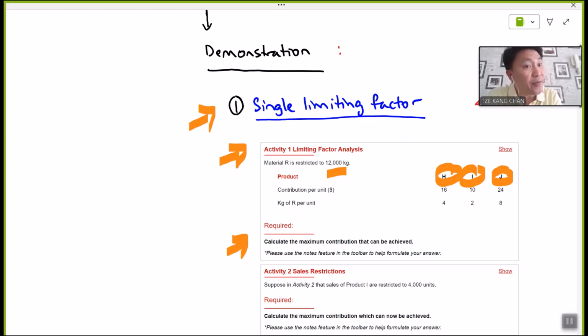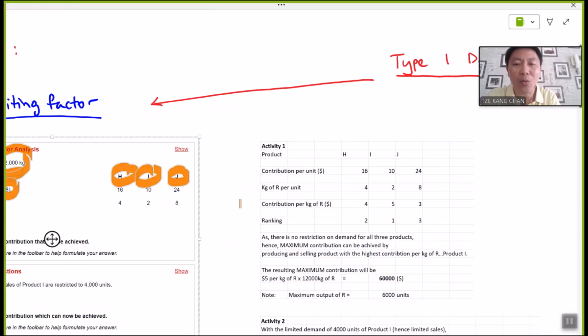So with this information provided, we will also be given contributions per unit for these products and consumption of material R. To allocate this limiting factor, we need to rank the priority of these products based upon contribution per limiting factor. By dividing both values, you will be able to come up with contributions per kilo of R. With this, that will allow you to do the ranking accordingly.